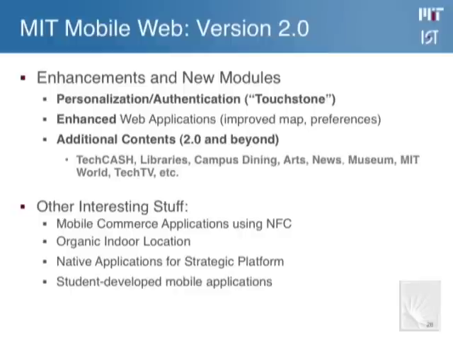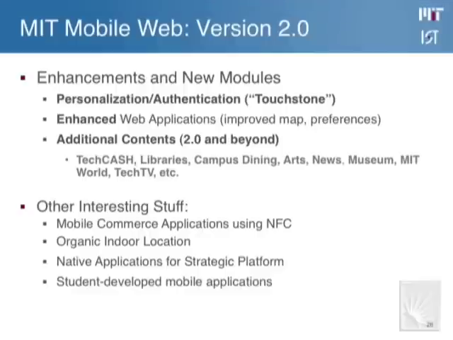We're also doing enhancements to the web applications, especially the campus map, where we're taking advantage of some of the gesture capabilities built into the iPhone. And with iPhone 3.0, you can do location-based services directly from the web app. So for the first time, we'll be able to offer that.